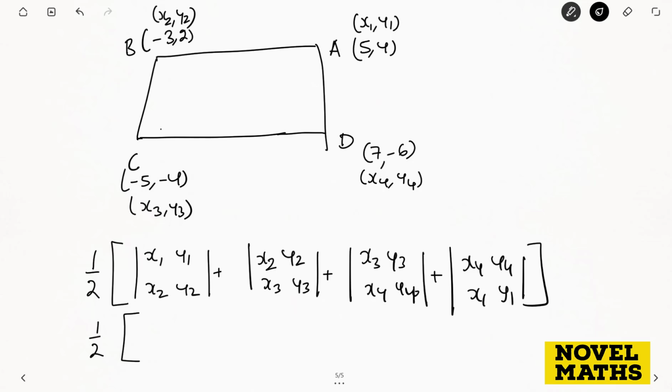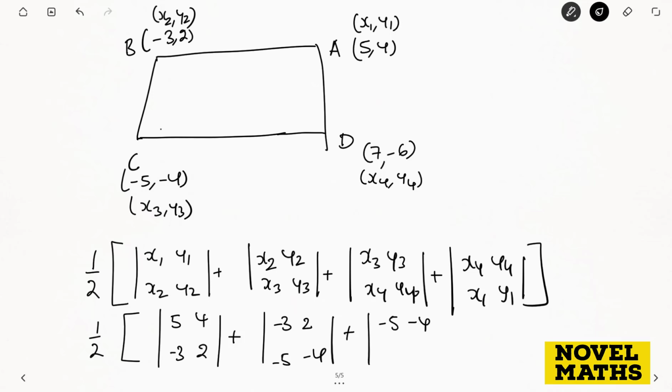1/2 of x1, y1 is what? 5, 4, x2, y2 is negative 3, 2, plus again the same thing, negative 3, 2, negative 5, negative 4. This is a little bit of a boring topic, but we have to do it.